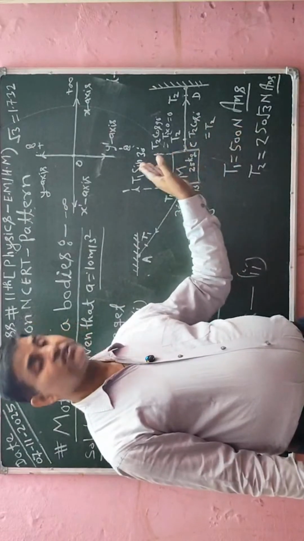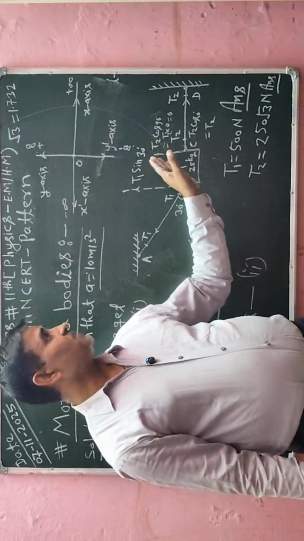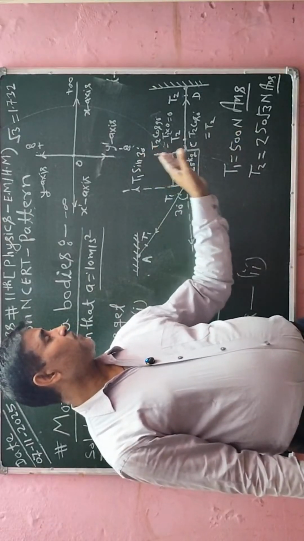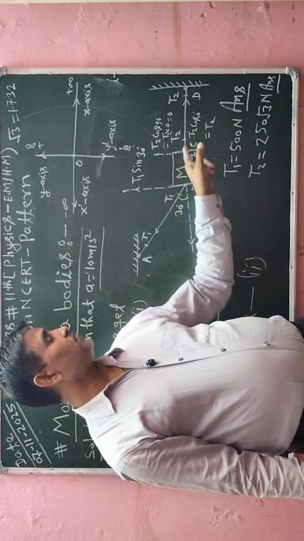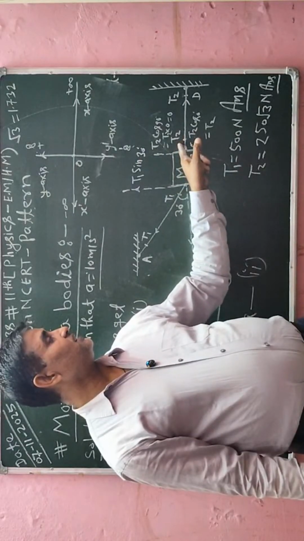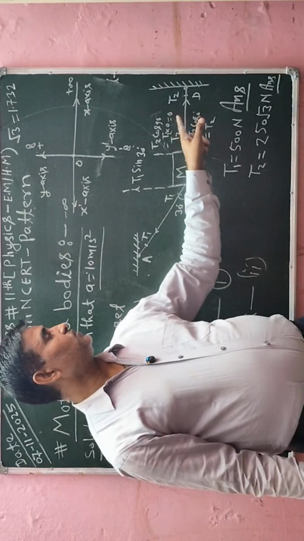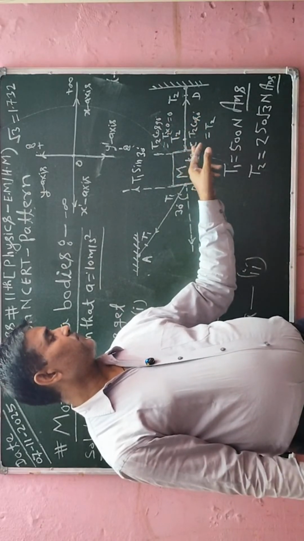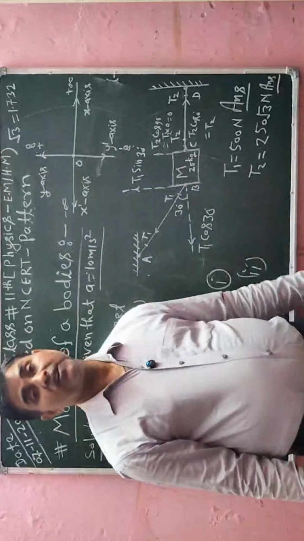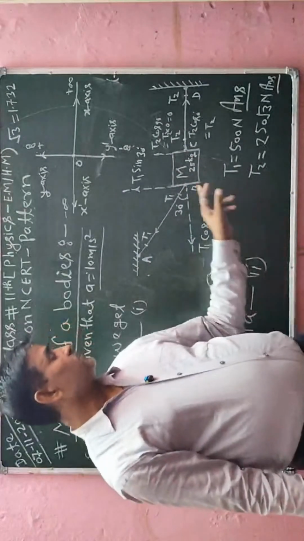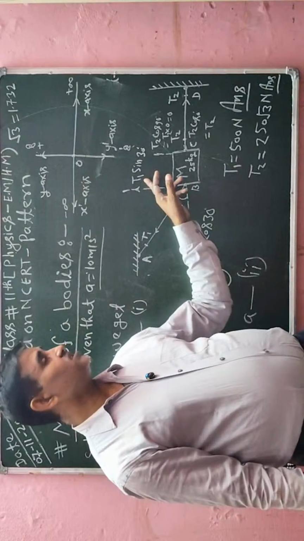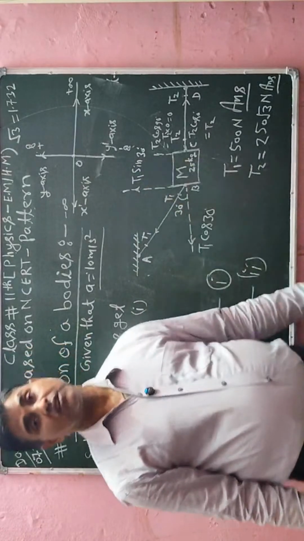And when I will consider along y-axis, that is vertical axis, so angle is 90 degree, so cos 90 degree, which is equal to 0, so T2 into 0, that will be 0, means at the point C there is no vertical force. Okay, but at point A vertical force is available here, T1 sin 30 degree.